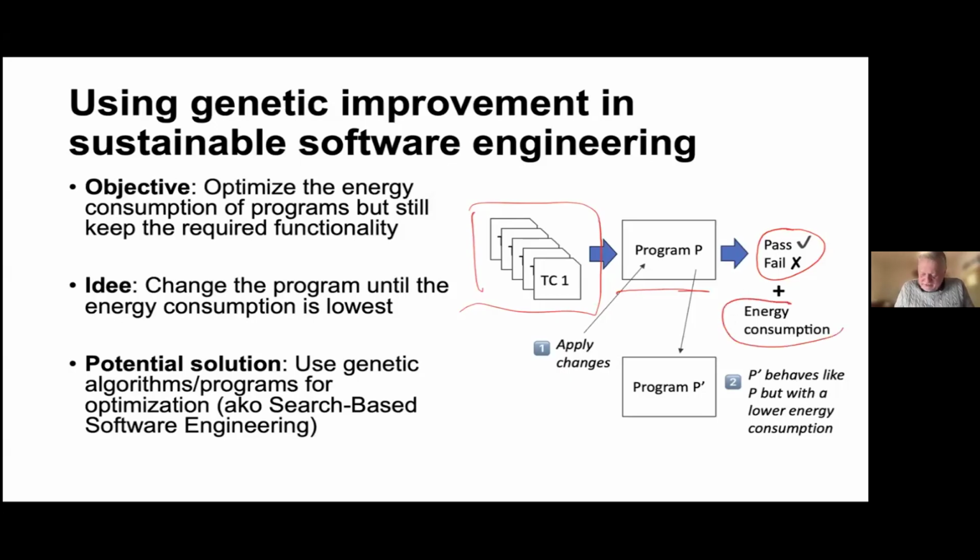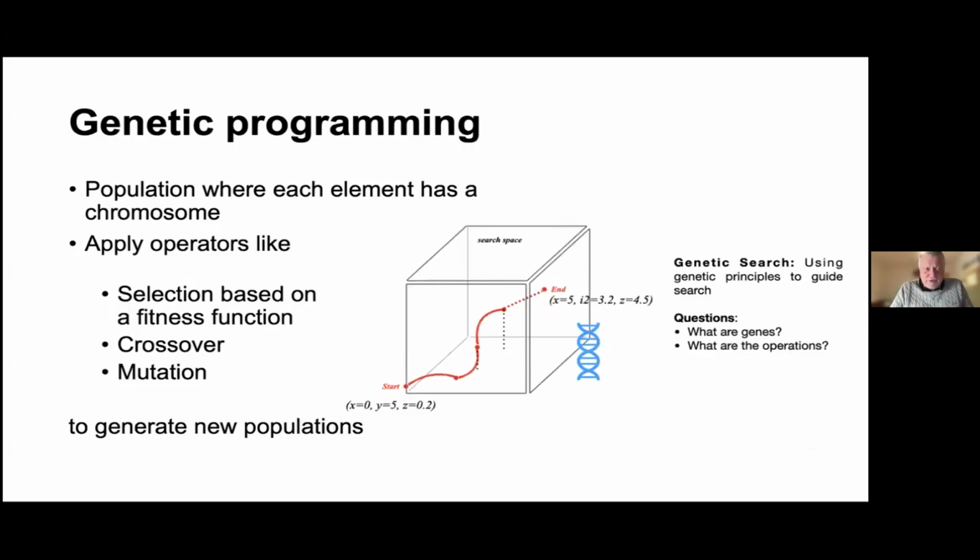And then you have the energy consumption for all these tests. Then it would be interesting to apply changes to this program, leading to a program P prime that behaves like P, but has a lower energy consumption. This is the underlying idea, and genetic programming, search-based software engineering to some extent, may be used for that.